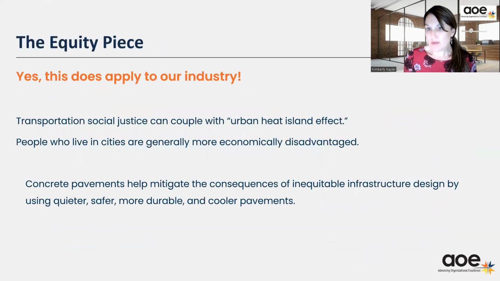So how does the equity piece really fit into our industry? Well, some examples that may be easy to get your head around, especially from the transportation sector, would be urban heat island effect, or people who live in cities are generally more economically disadvantaged. So how we design our cities, how we design our roadways, are we actually dividing up communities? So all of these things really go towards the equity piece.